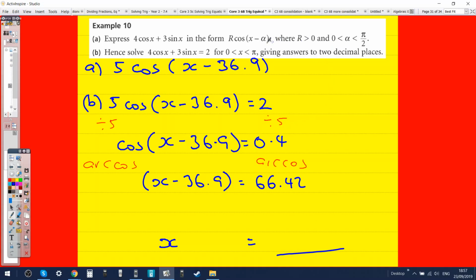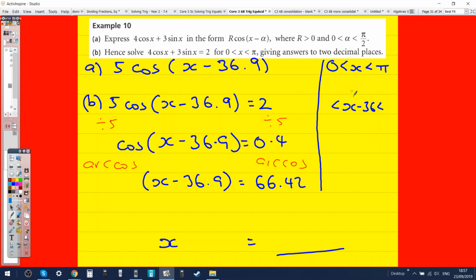So we had to find this. x is between 0 and pi. What is x minus 36.9 between?